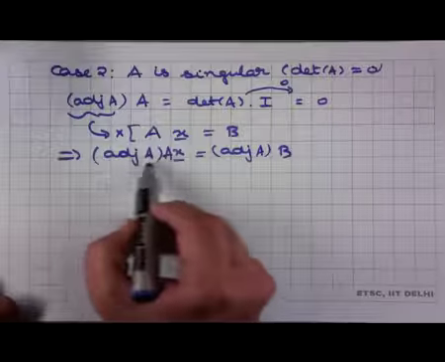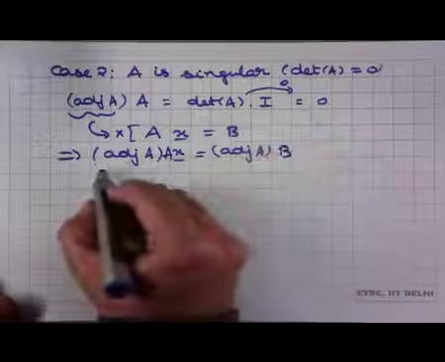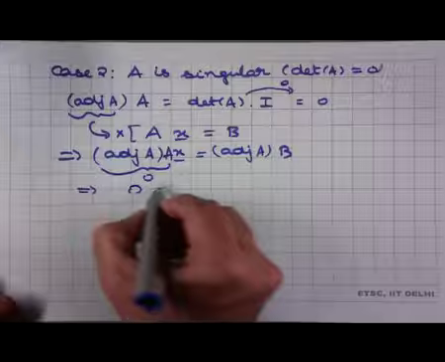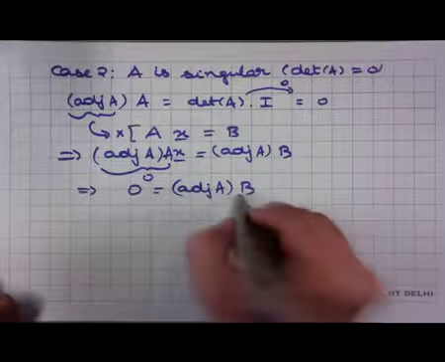So, we have adjoint of A times A x bar and then adjoint of A times B. Now, from here we know that this term is 0. So, the left hand side is 0 and then we have adjoint of A times B.